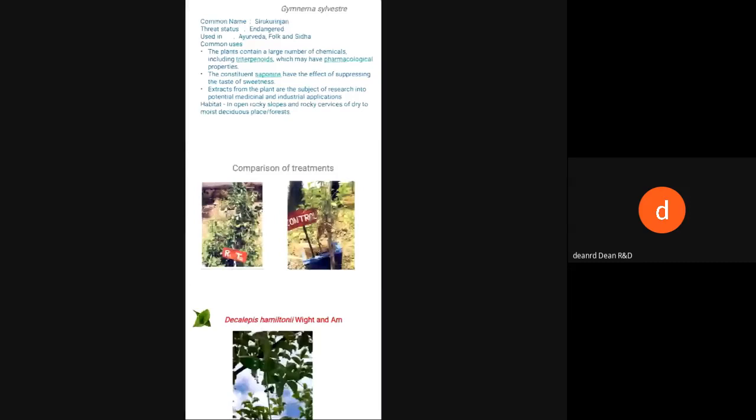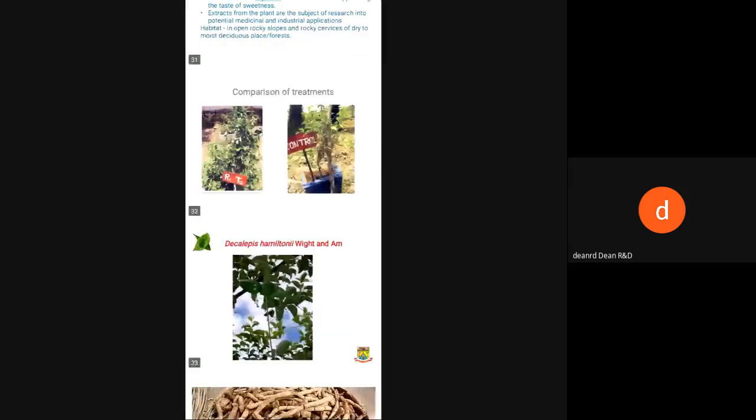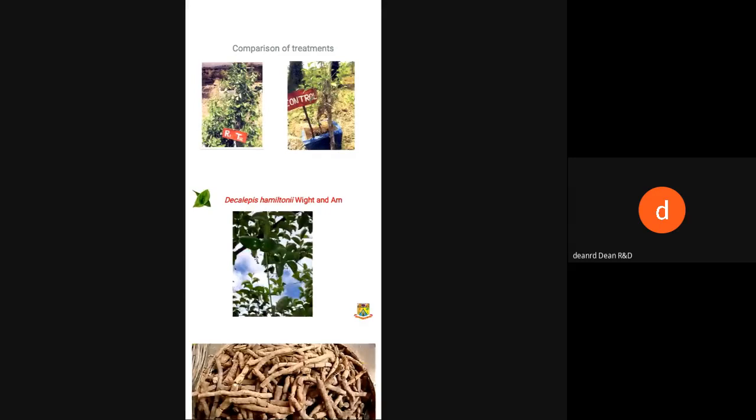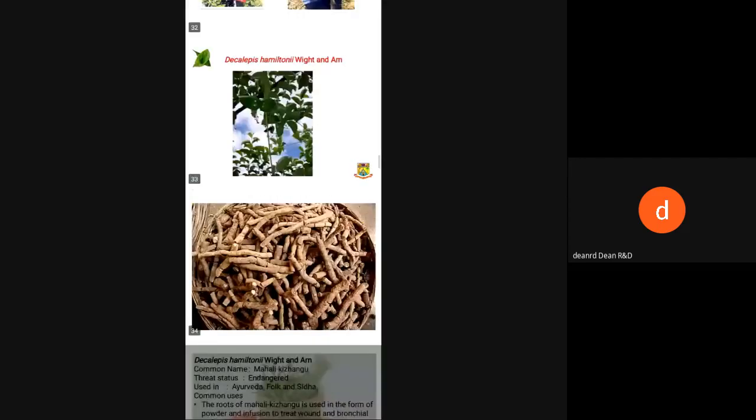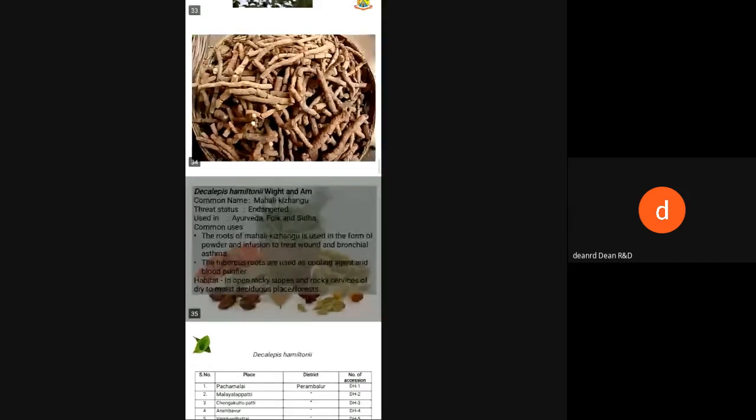These are some of the collections we have maintained in the University Medicinal Plant Garden. And the next one is Decalepis hamiltonii, where the roots are very potentially used as medicinally valuable ones.